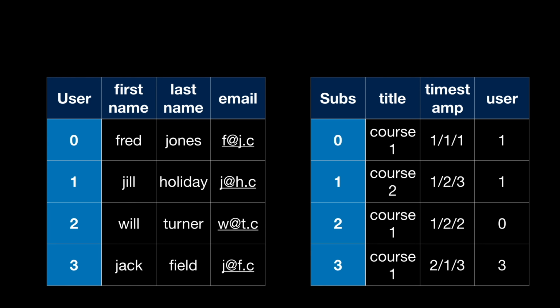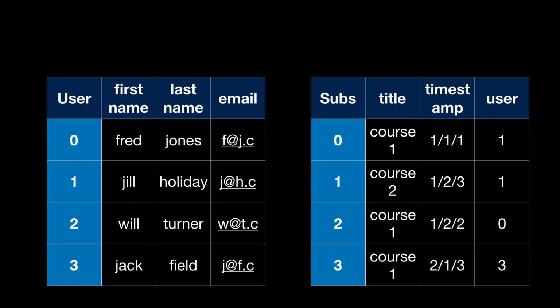And the way that you have to represent that relationship inside of SQL is each row for each subscription needs to have an identifier for which user this belongs to. So that very last column, the user, that's which user ID this subscription belongs to.